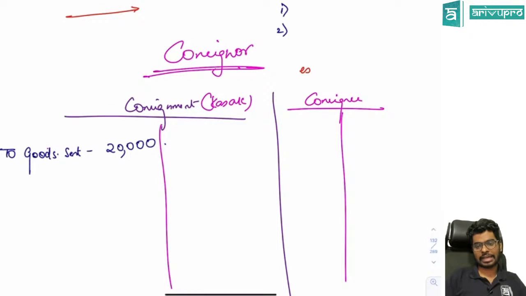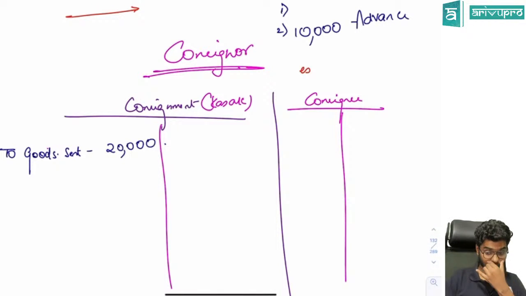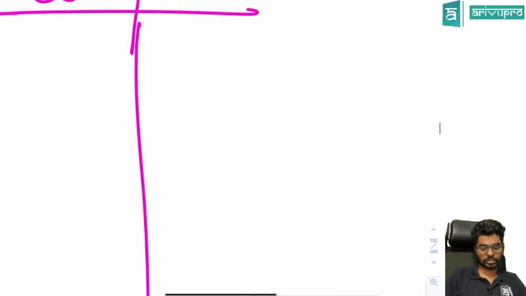Second one. Consignee paid 10,000 advance. Consignee paid how much advance? 10,000 advance. What will be the journal entry? Cash to consignee.